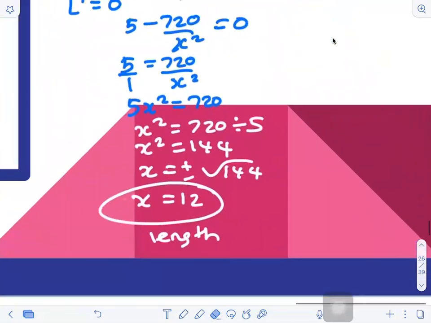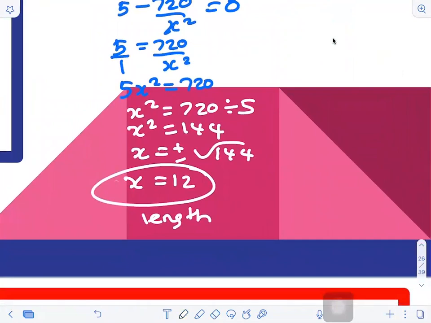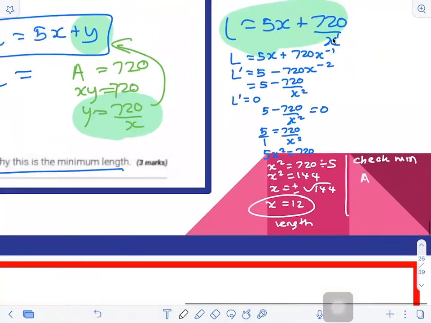What we have to then do is check it's a minimum. So that means you have a choice. You can do it with the L dash, or you can do L double dash. Now L dash is 5 minus 720 x to the minus 2.